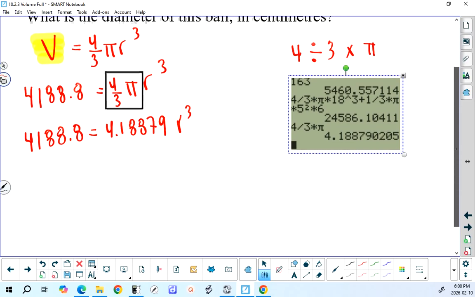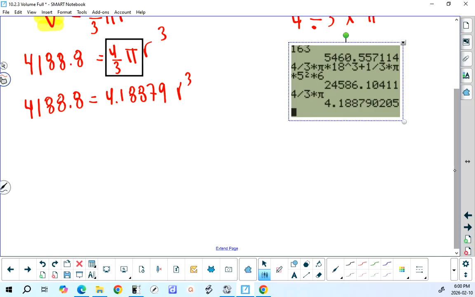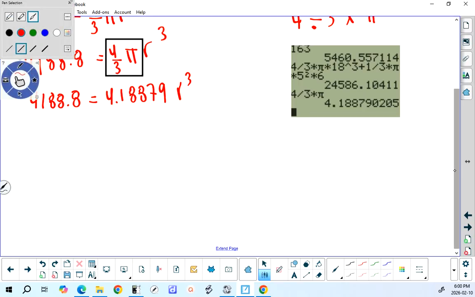Very similar to the problems we did with surface area, to get the variable part by itself, since this is multiplication, we are going to do the opposite and divide by 4.18879.